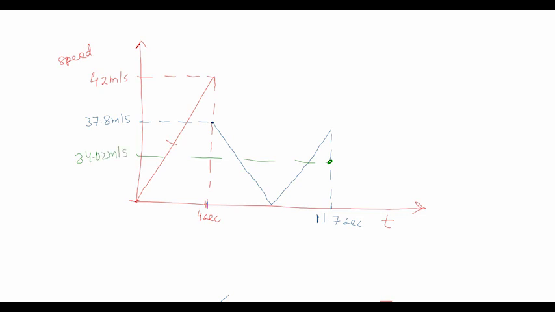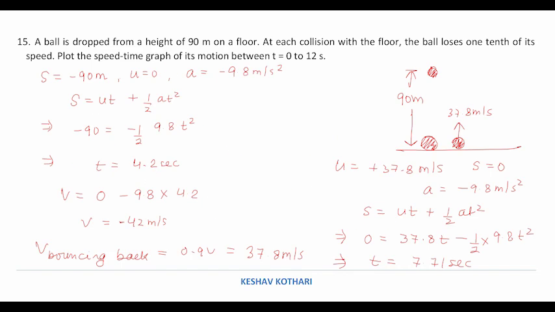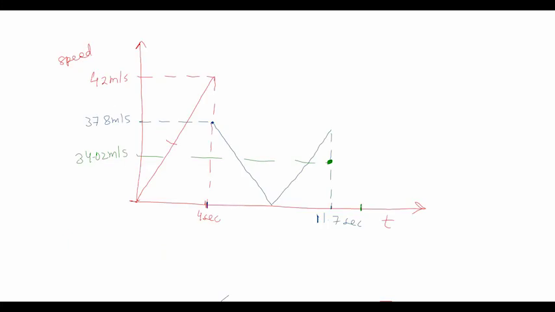and again the speed will start changing. So since the question is asking us to draw it till 12 seconds, we are restricting our graph till here. So I hope the motion is clear. I am again explaining the motion. While coming down, the speed went on increasing till it came down, and after making the impact with the ground, the speed was 37.8 meter per second.